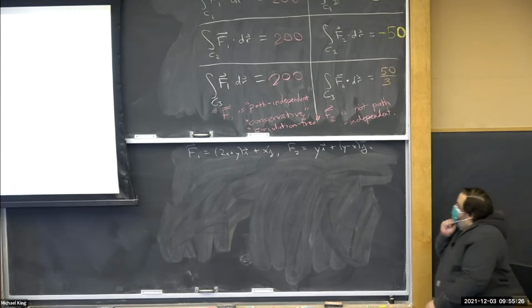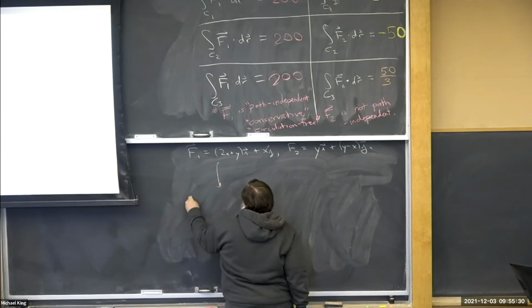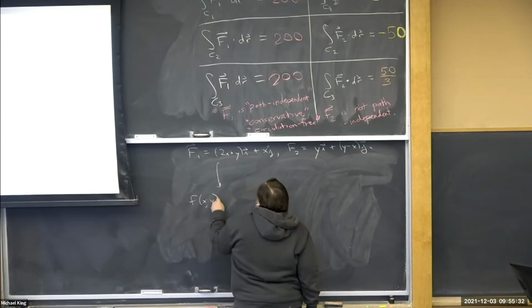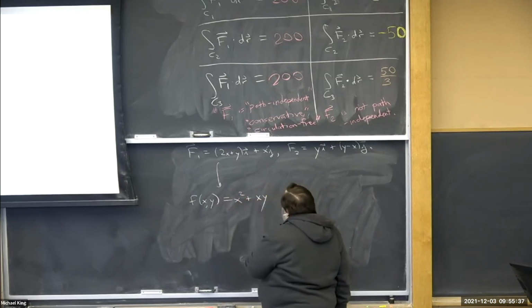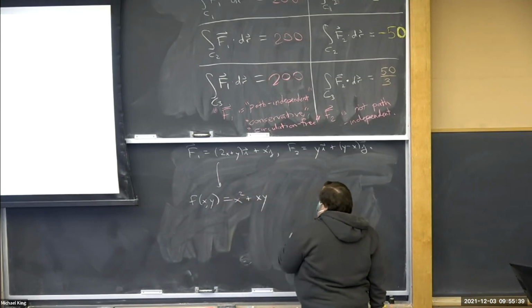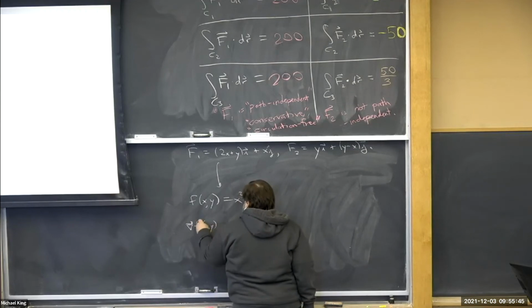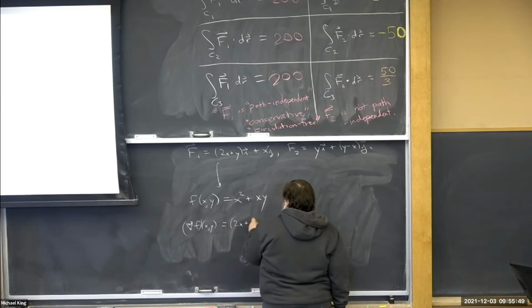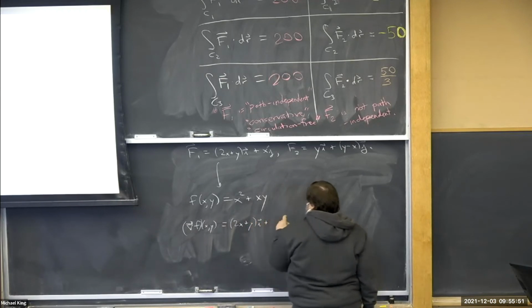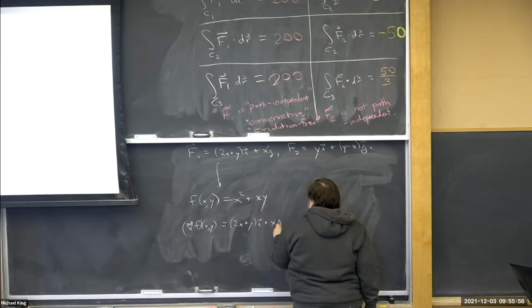So here it turns out that if we look at the function x squared plus xy, then the gradient of f is you take the partial x, which is 2x plus y, i, plus the partial y, that goes away and you get just x, j.